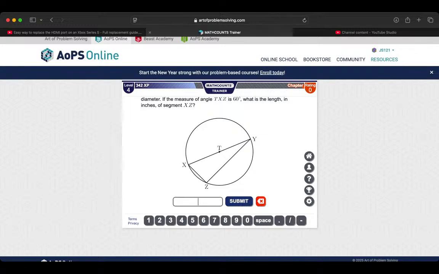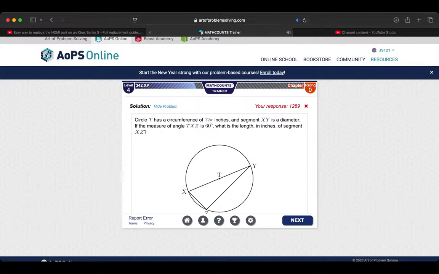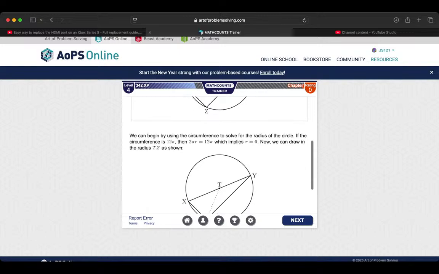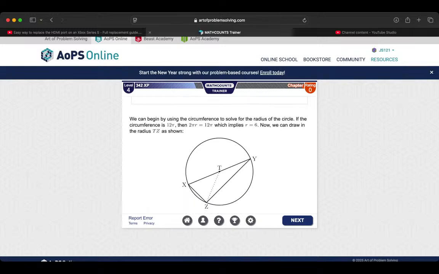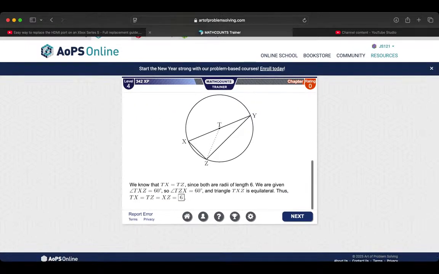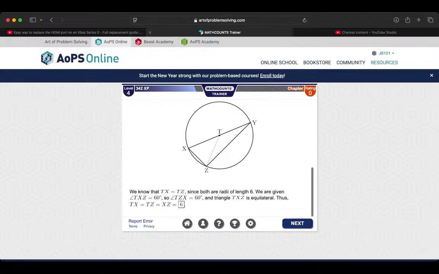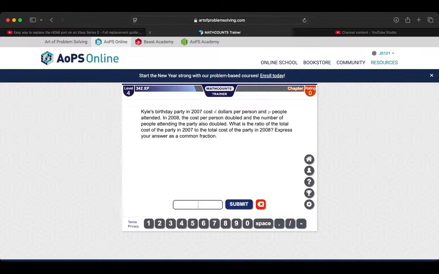Yeah, I have no idea how to do this. Is it something related to sine? It was a freaking triangle. I need to think. Oh, let's go. Algebra.